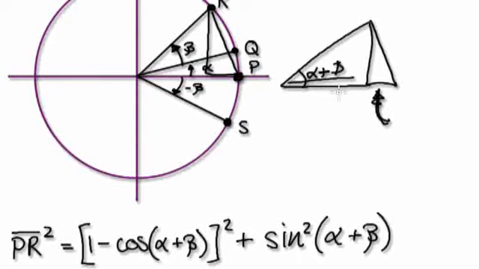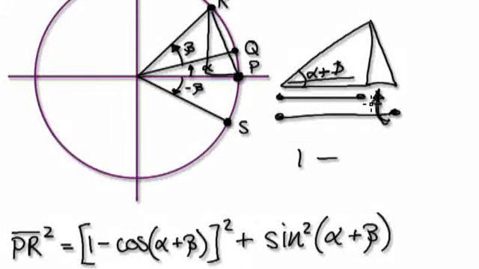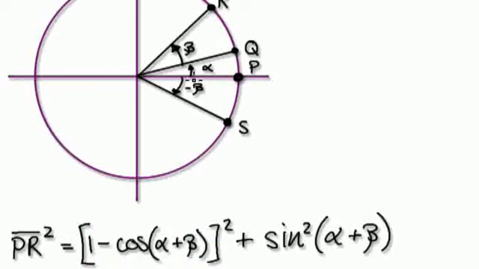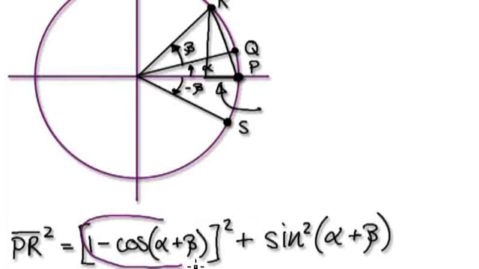You get cos alpha plus beta, which gives this length, and then 1 take away cos alpha plus beta. That's why you've got this term here. Don't forget we've got to square it because we're using Pythagoras. So this length is given by this, and we square it.